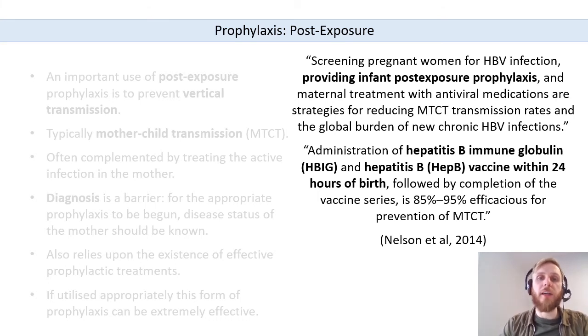Again, real challenges here in terms of getting everything in place and actually getting this practically done. As we can see, it relies upon screening the mother for HBV infection. Not always possible. People are not always compliant with this, particularly when we consider for many infectious diseases there are high rates amongst individuals who live on the margins of society, so outside of mainstream society.